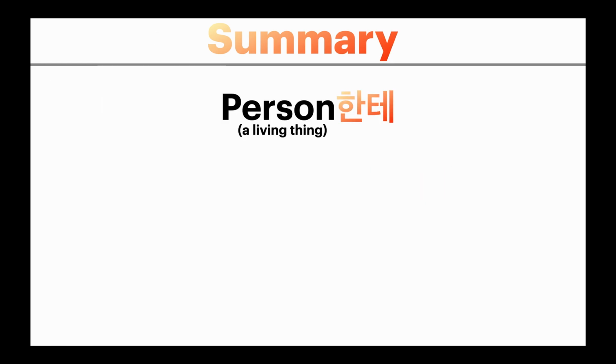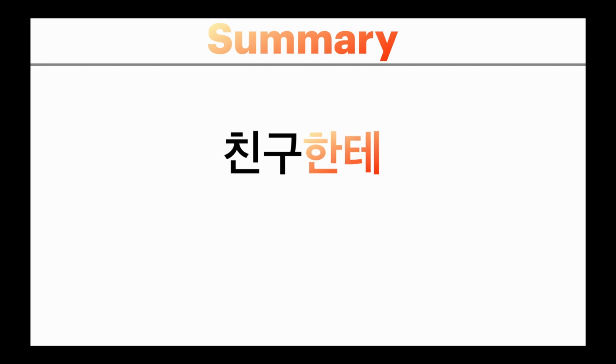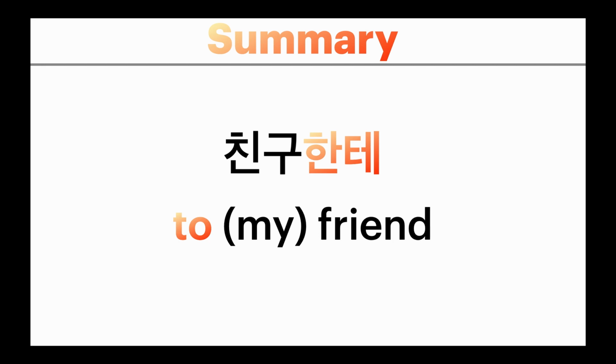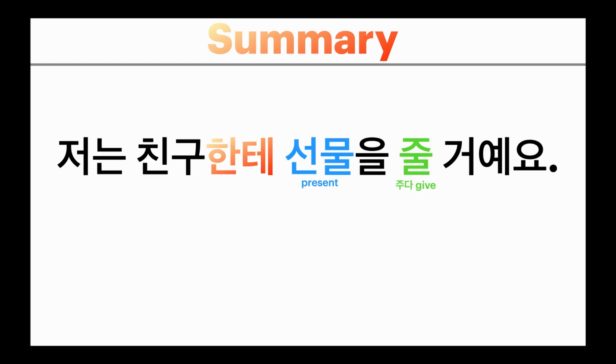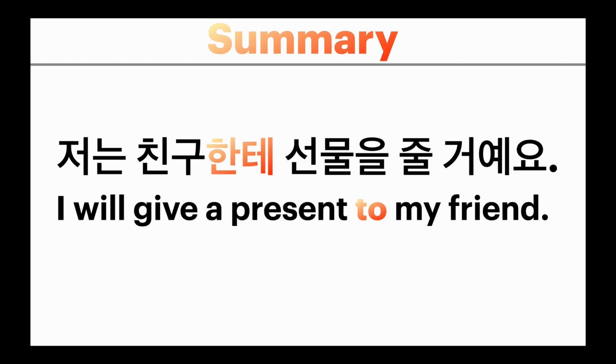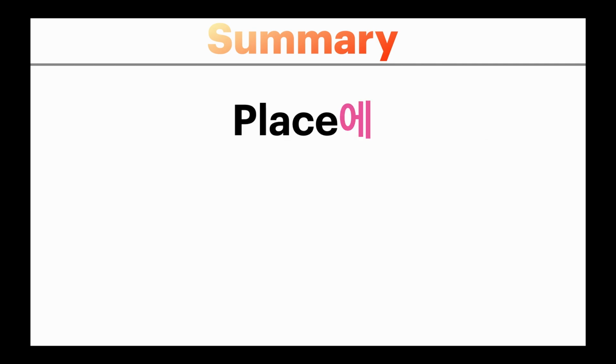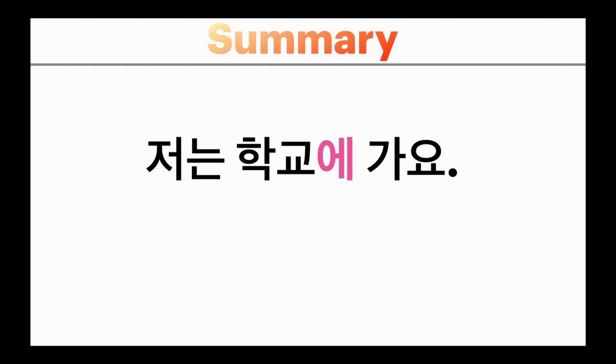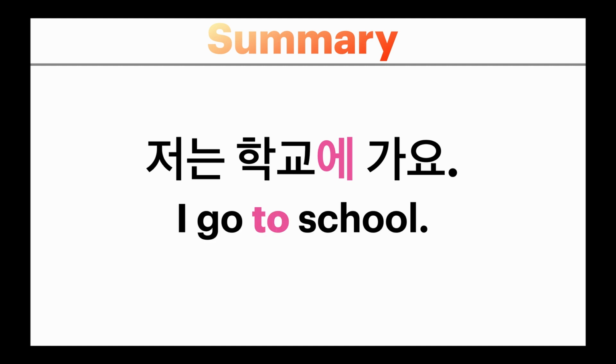And then we learned person or living thing plus 한테, to a person. 친구한테, to my friend. 저는 친구한테 선물을 줄 거예요. I will give a present to my friend. This is in contrast to place plus 에, which means to a place. Like in the sentence, 저는 학교에 가요. I go to school.